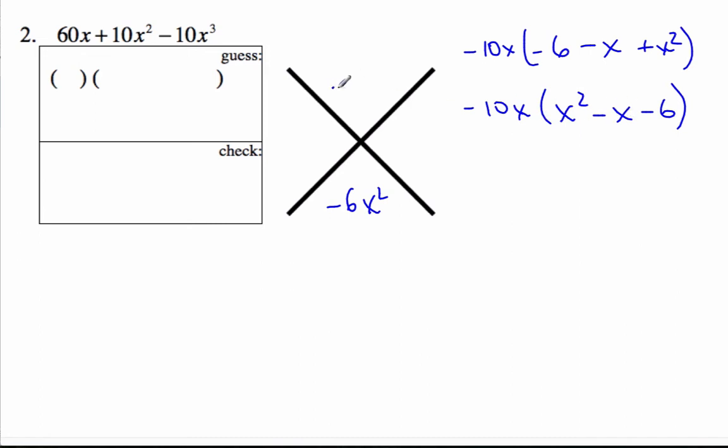I put the negative x here, and I ask myself what two numbers multiply to get negative 6x squared and add to get negative x. Well, a 3x and a 2x, I can put them together in such a way that they multiply to get negative 6 if this is negative and this one's positive. And so then it factors to negative 10x, parentheses, x plus 2 and x minus 3.